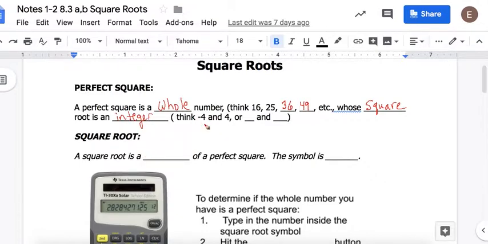An integer, think -4 and 4 because they're opposites, or -7 and the opposite would be +7.